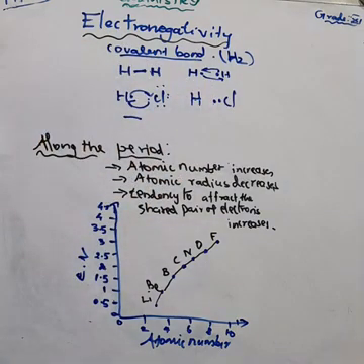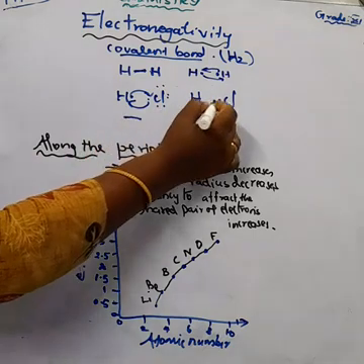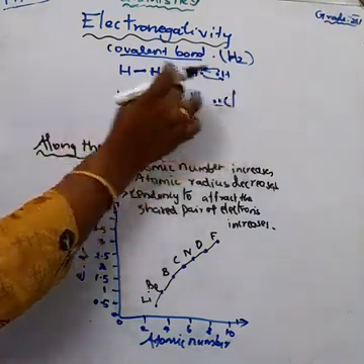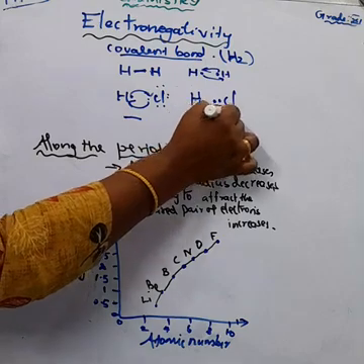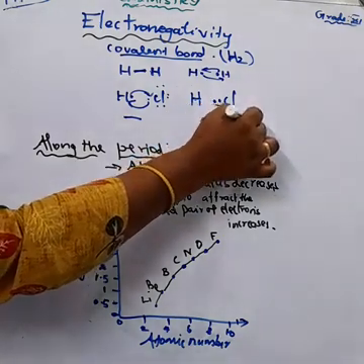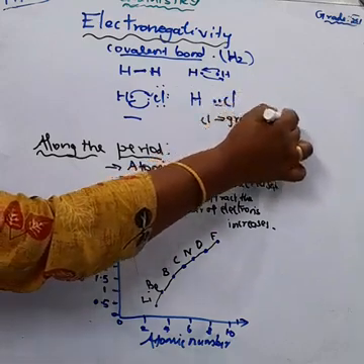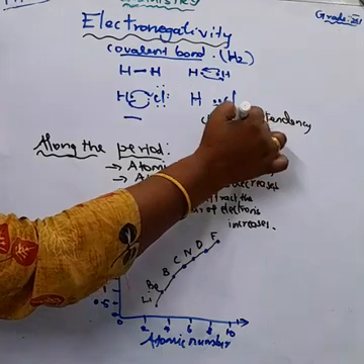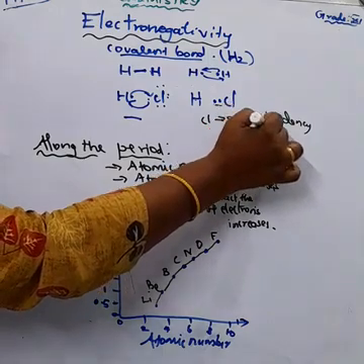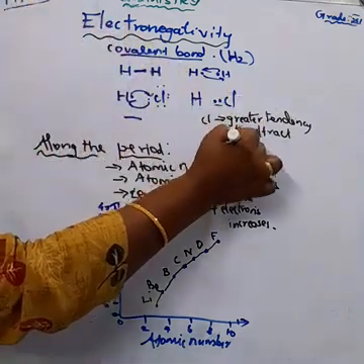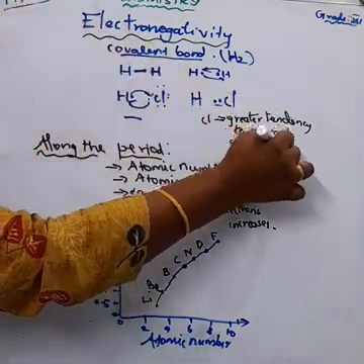Why? What is the reason for this? The unequal sharing of the pair of electrons is explained by saying that the chlorine atom has a greater tendency than the hydrogen atom to attract the shared pair of electrons between them towards itself.